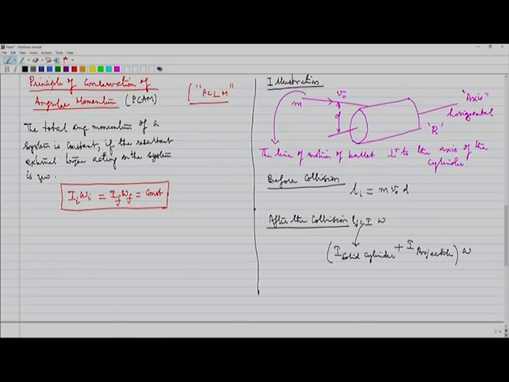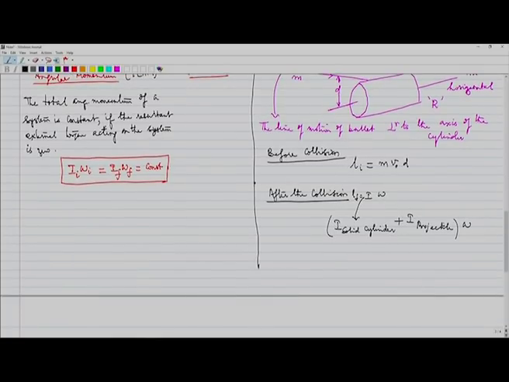Therefore now we can equate these two. I have M R squared by 2, the moment of inertia of the solid cylinder, plus after it got embedded on the surface, the mass of the bullet is little m, at a distance of R. It got embedded on the surface, so m R squared, times omega.